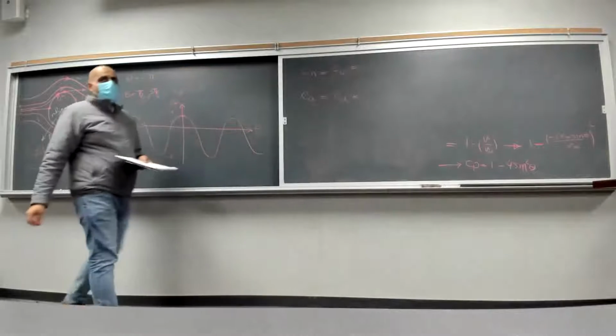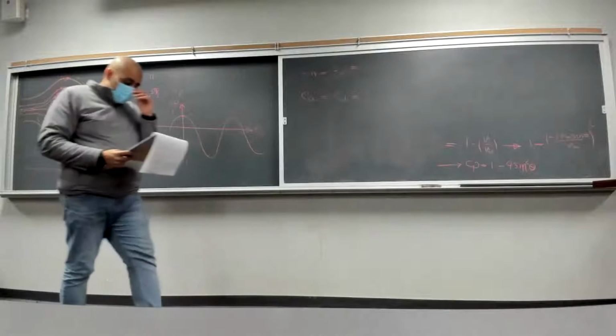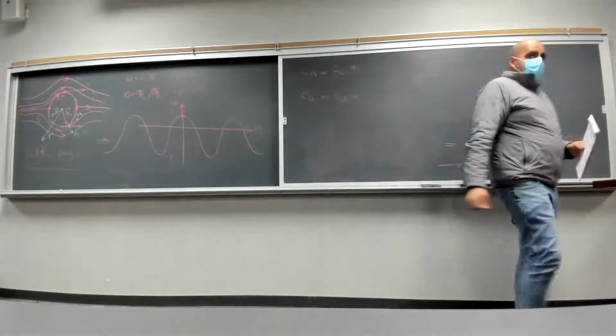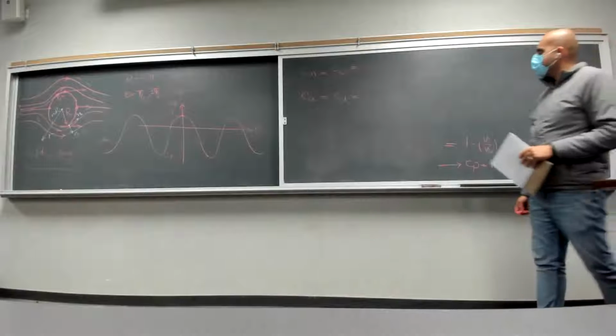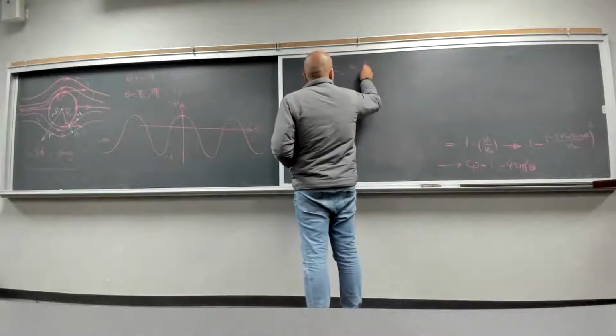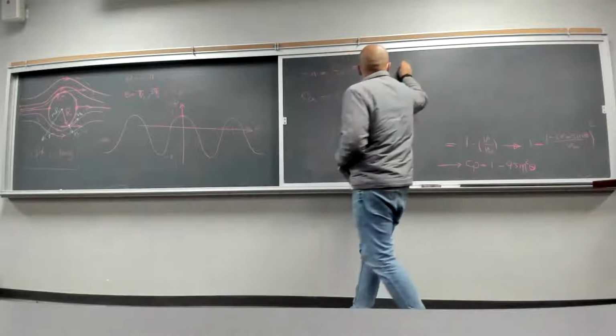So what were those integral equations we had for Cn and Ca? I assume no one remembers, because these are very long equations.